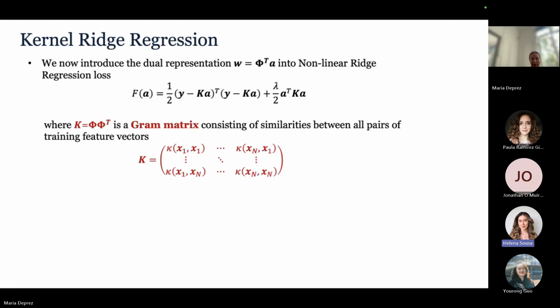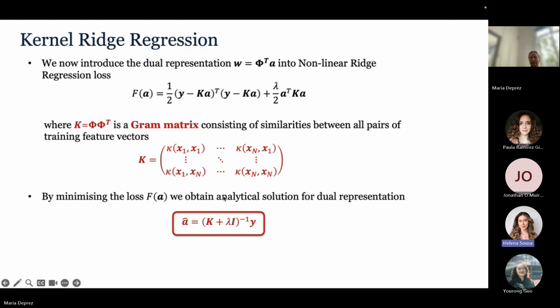So, okay, now I'm coming back to what Helena already showed. You can just put this equation into the ridge regression loss, and you get this kind of loss that is quite easy to calculate. So basically this is the equation that we get, which is, this dual representation is the covariance matrix inverted times your output values.